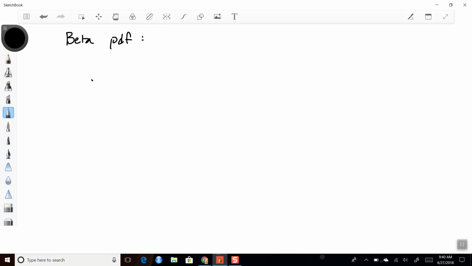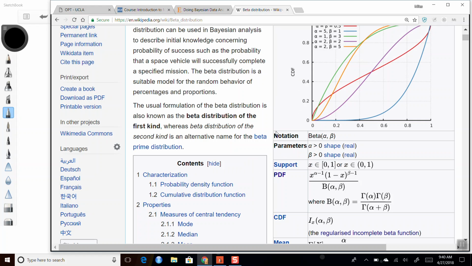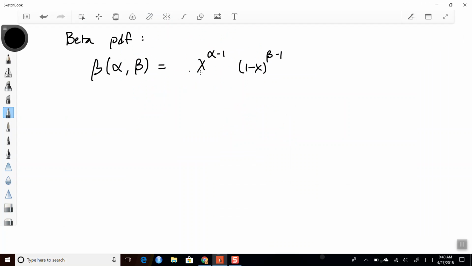The beta distribution is defined with parameters alpha and beta. There's two shape parameters, and it's on x to the alpha minus 1 times 1 minus x to the beta minus 1, divided by the beta function of alpha, beta.